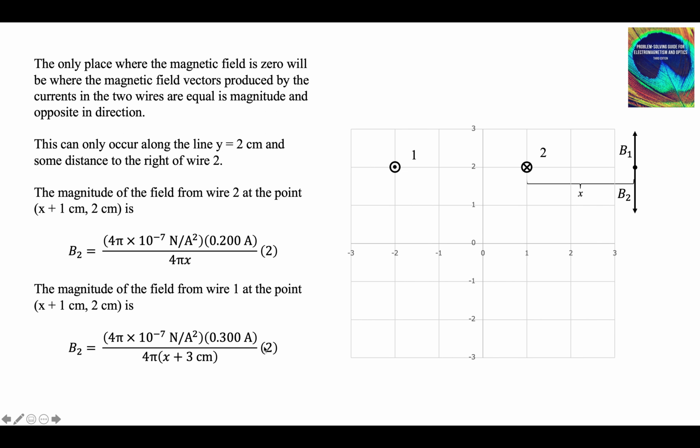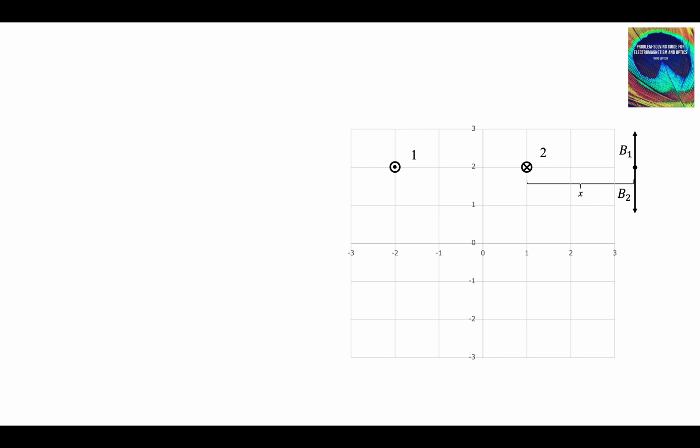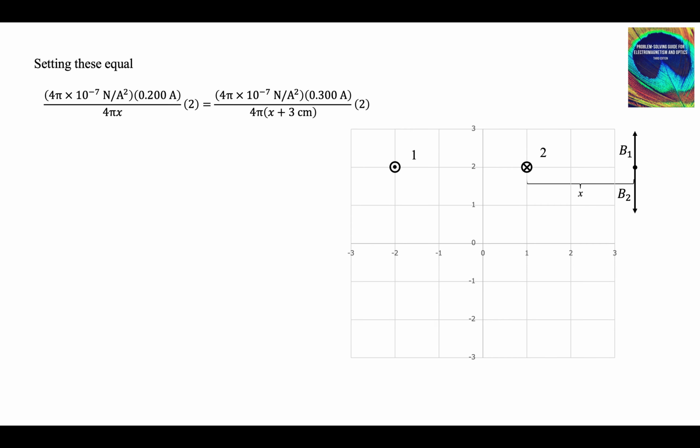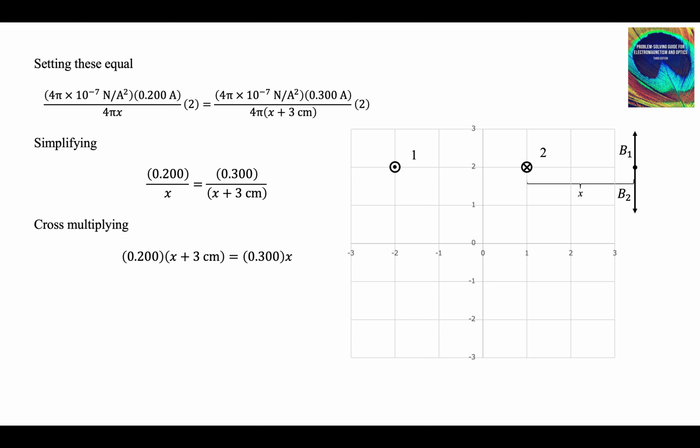If I set these magnitudes equal, I can calculate x. It's a big hairy equation, but a lot of stuff cancels. Get rid of the 4 pi, get rid of the mu naught, get rid of the 2's, get rid of the amps, and it looks like that. So now we cross multiply, and we distribute the 0.2, and group the x terms, and we get that x is 6 centimeters.